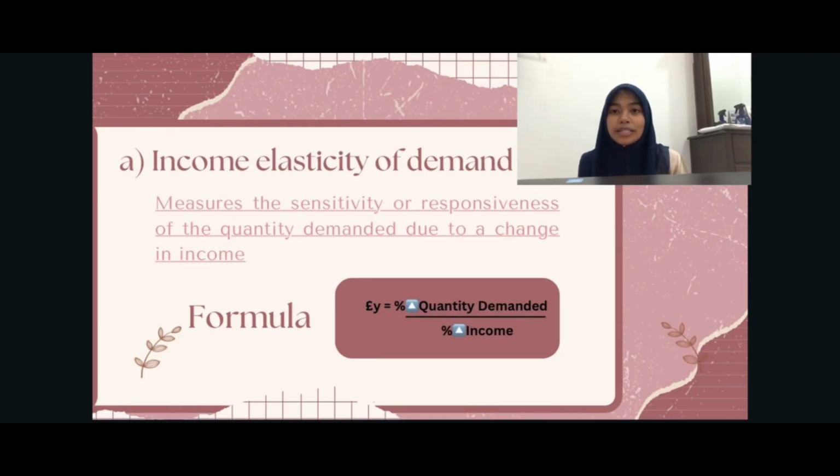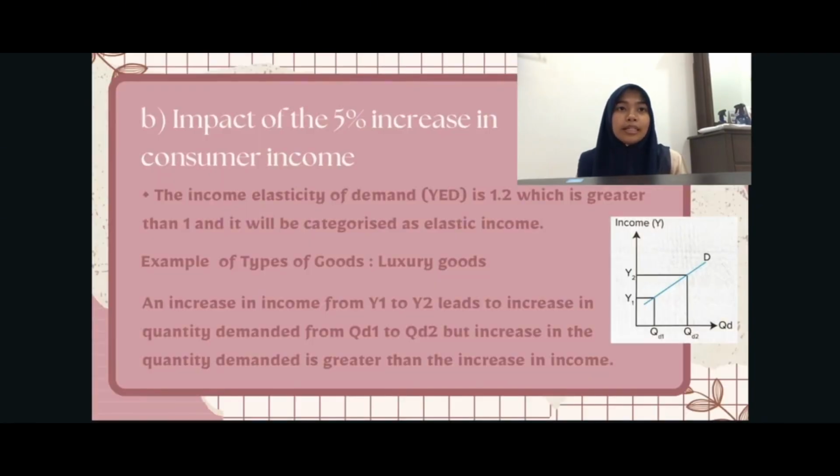So the second question is, what does an income elasticity of demand of 1.2 suggest about the impact of the 5% increase in consumer income on the demand for Maju Auto sedan? As stated, the income elasticity of demand is 1.2, which is greater than 1. So it is categorized as elastic income elasticity.